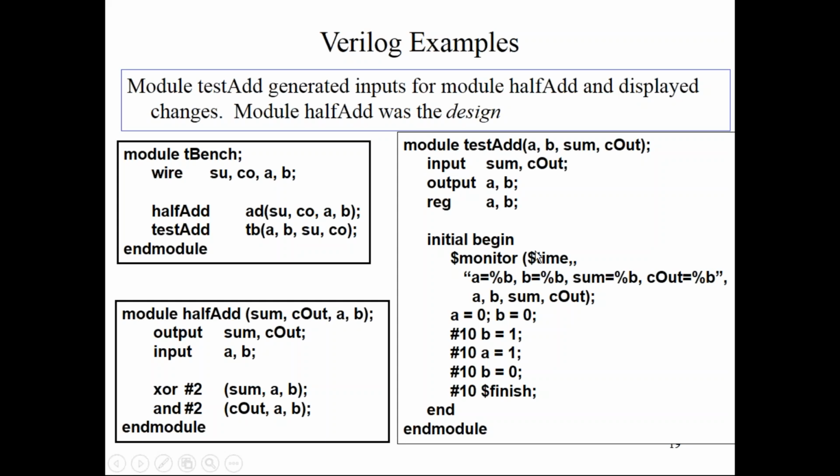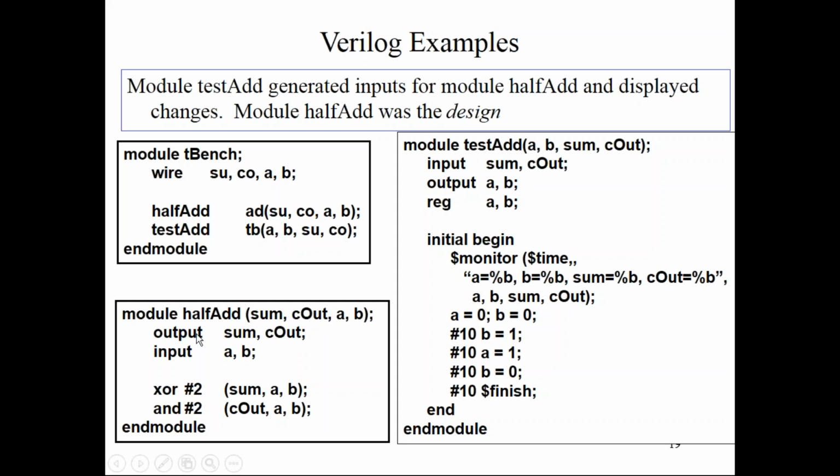So in that I am defining the input and output. In the test module, the input is sum and carry, and the output is A and B. That means they are just changing the input and output order.